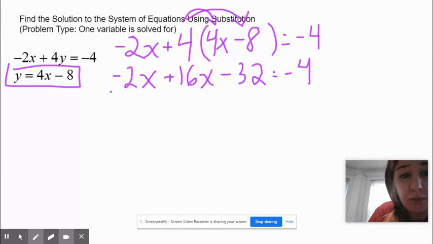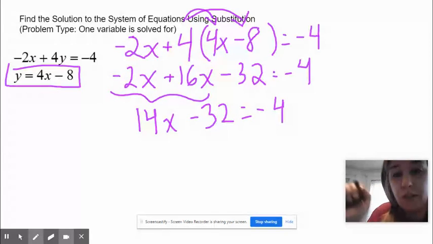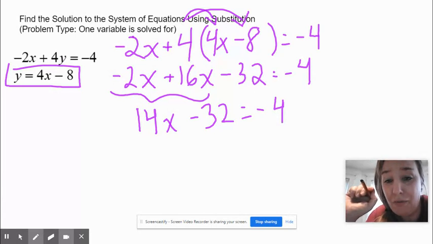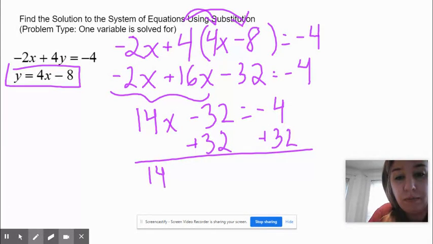Combine like terms. Negative 2 plus 16, that's 14x. Minus 32 comes down. That equals negative 4. Good stuff. Two-step equation, add 32. 14x comes down.